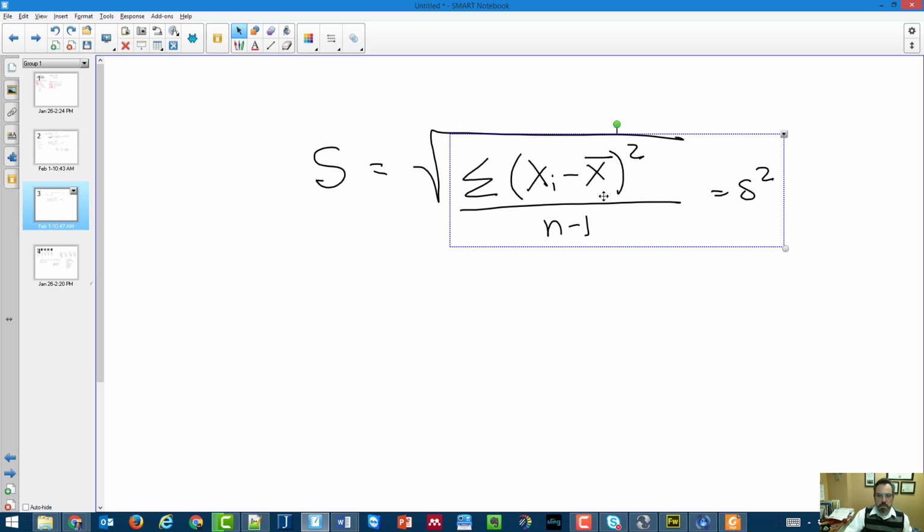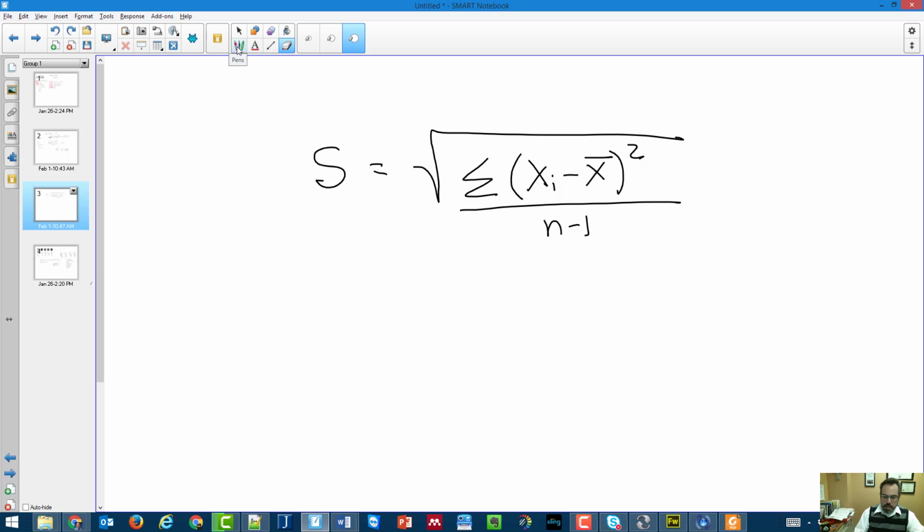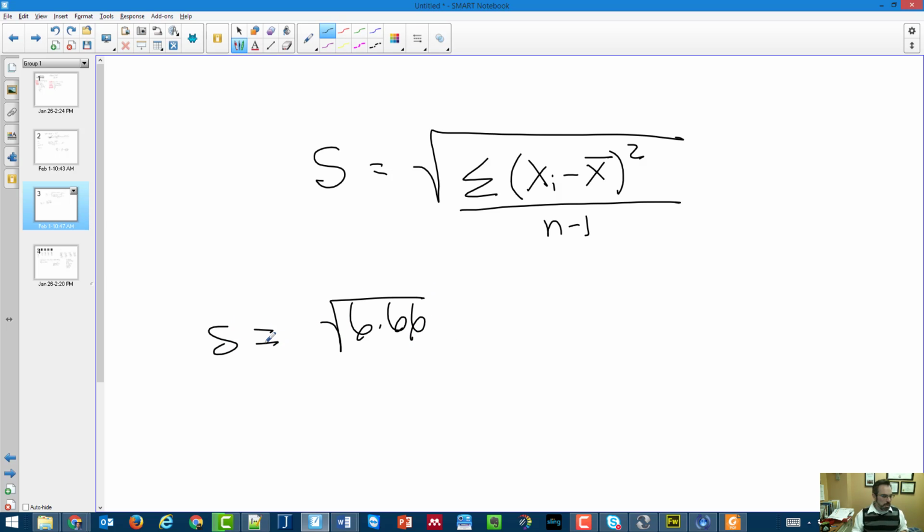I'm just going to take the square root of that. All right. This in here was s squared. If I take the square root of it, it's just s. That's the standard deviation. So in this case, if I remember correctly, 6.66 was my variance. If I take the square root of that, that's going to be my standard deviation.